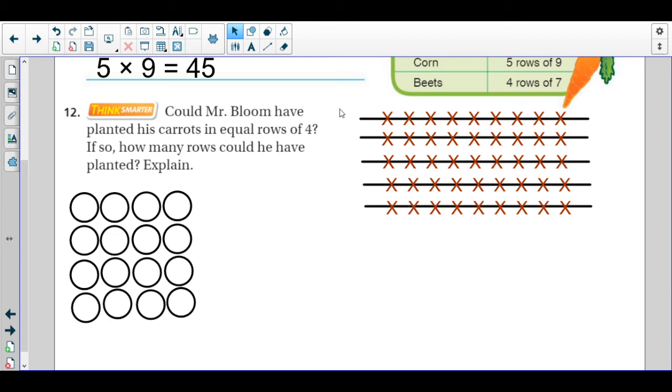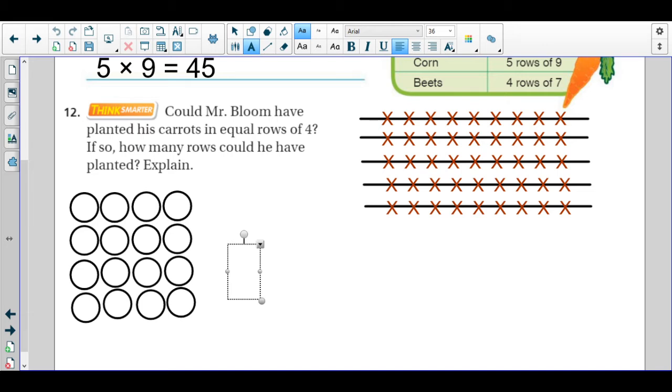Sure, I could have planted them in 4 rows. If so, explain. Let's see, how many rows could he have planted? So for this one right here, you would probably put something like this.